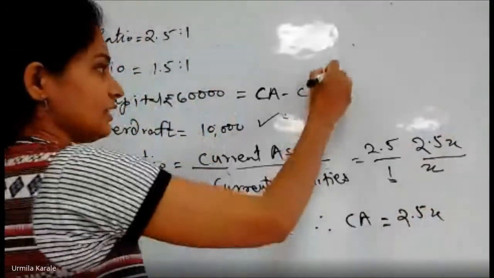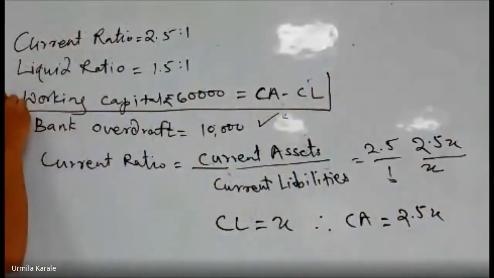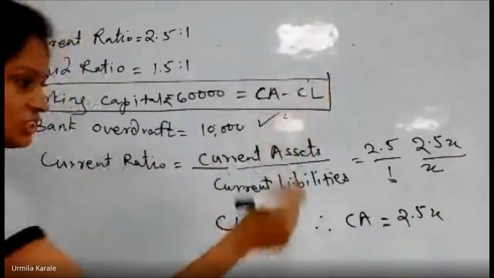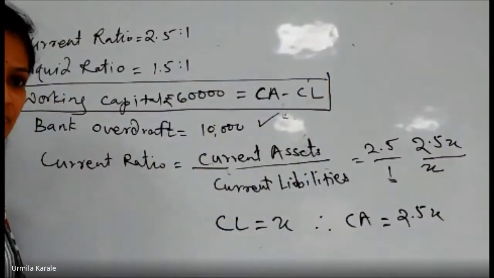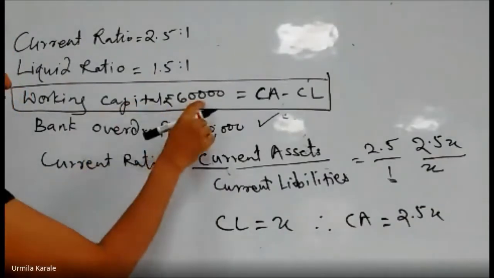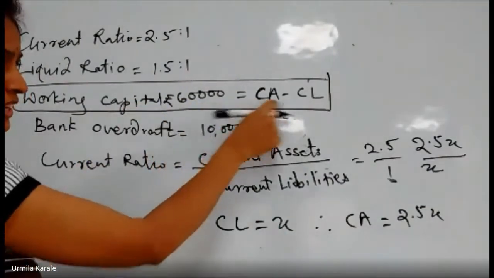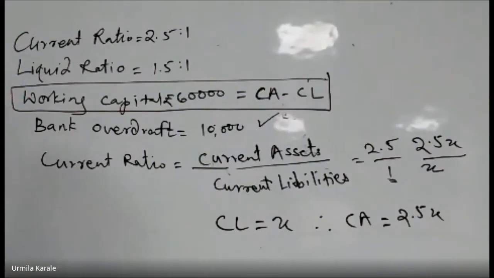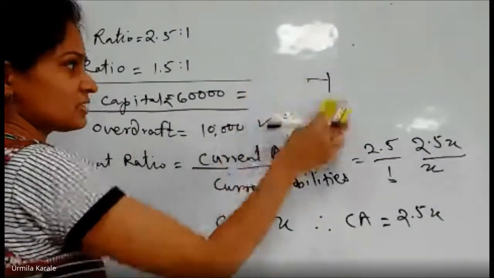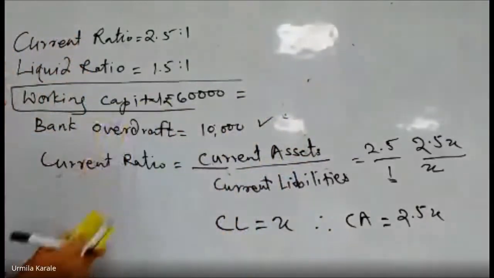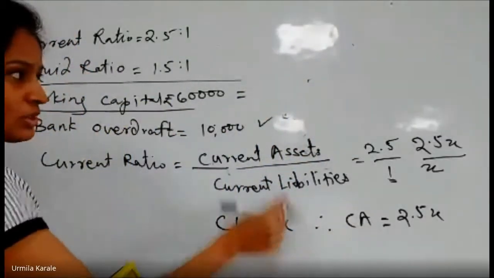Right? Now in this equation, if you will put this, you will get the value of x, right? So working capital equals to current assets less current liability. Now we'll change this, these new values we will add here.